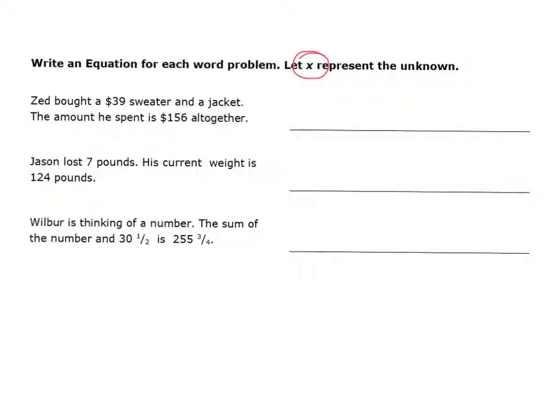So, Zed bought a $39 sweater and a jacket. The amount he spent is $156 altogether. So, we're going to let X be the jacket. And so we have 39 plus X equals $156.